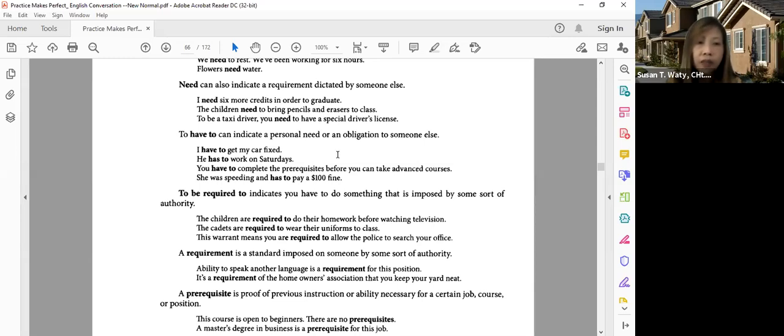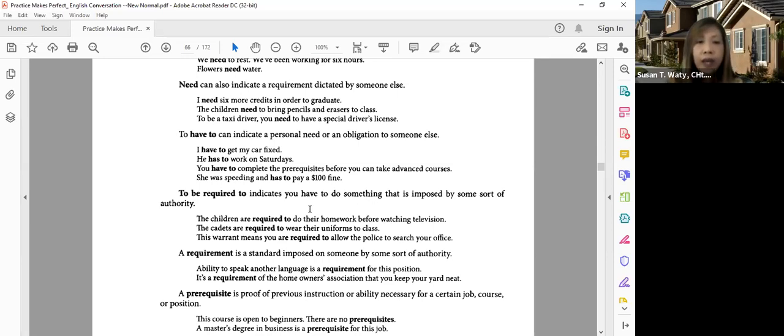Next, we have to be required to. It indicates that you have to do something that is imposed by some sort of authority. To be required is the verb of requirement.